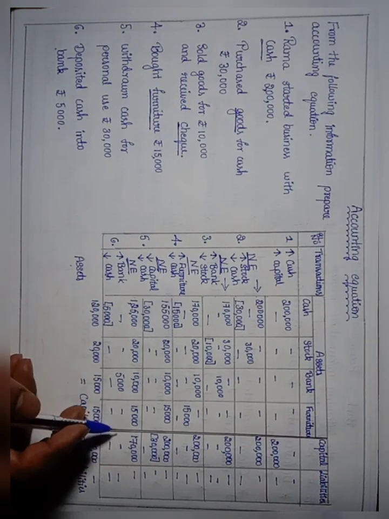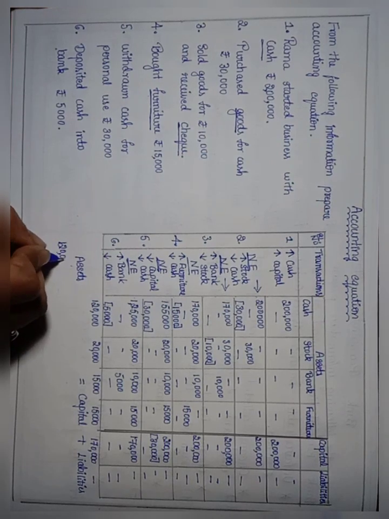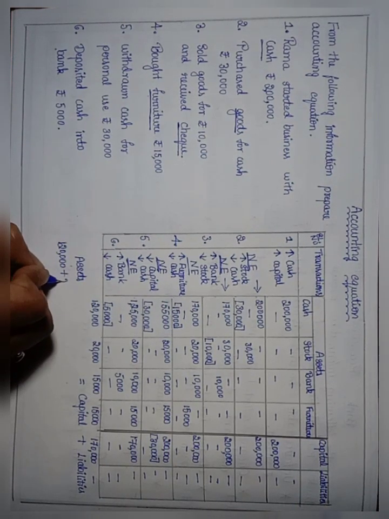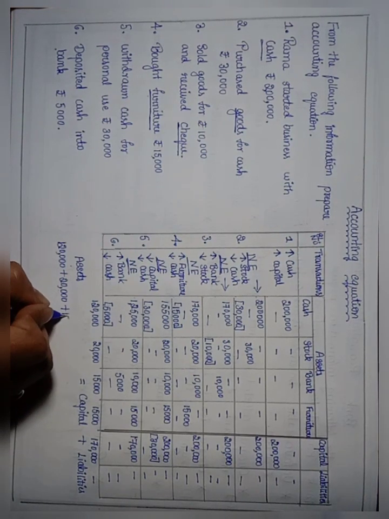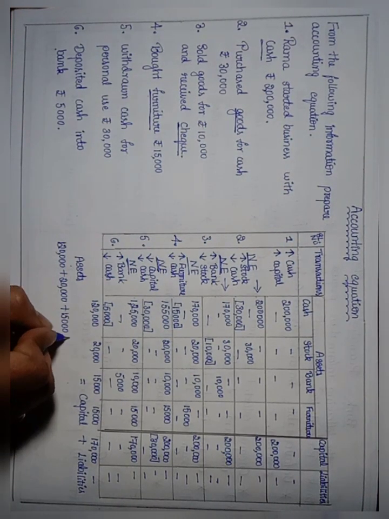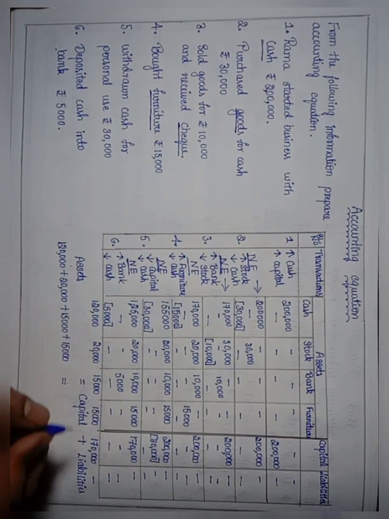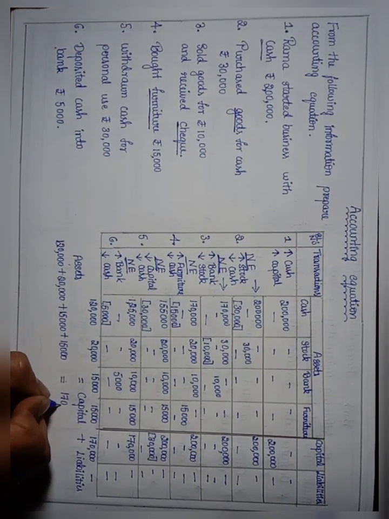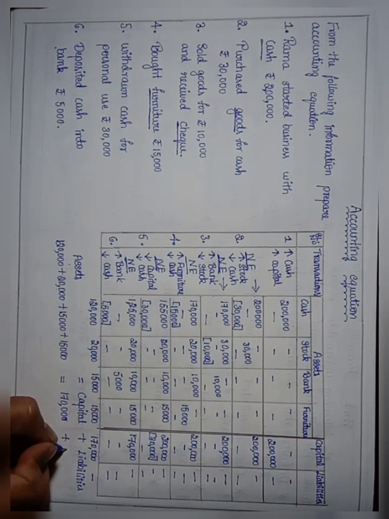Now we have 4 assets here. Let us take that balances. 1,20,000 cash plus 20,000 stock plus 15,000 bank plus 15,000 furniture is equal to capital we have 1,70,000 and liabilities we don't have, so 0.